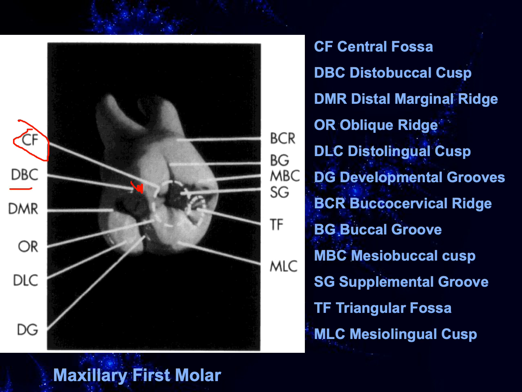So if we say this is the distobuccal cusp, that means it's on the buccal surface and away from the median line, which means distally. The distal marginal ridge is found on the distal. The mesial marginal ridge is found on the mesial of posterior teeth.